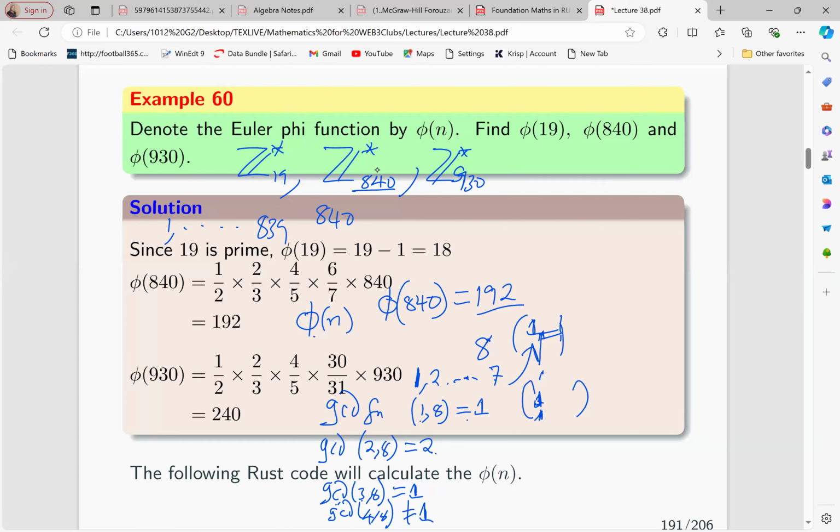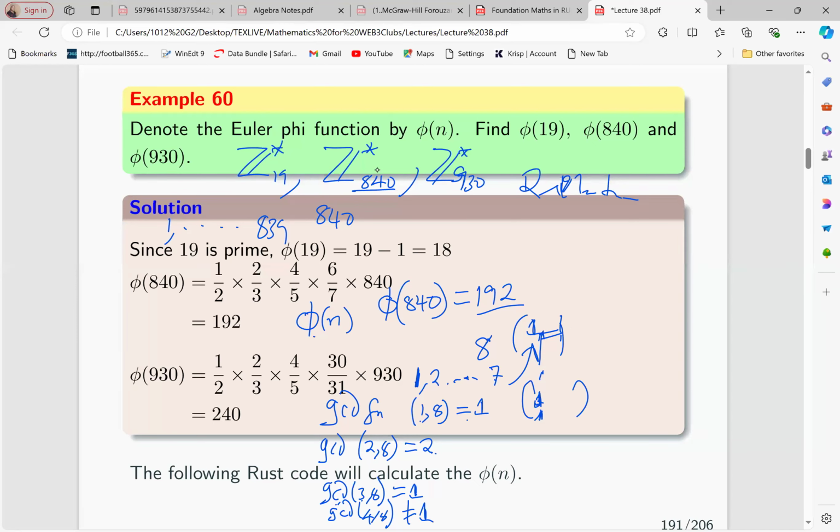So the GCD function is just doing that, finding the GCDs. Then you need a relatively prime function. So the relatively prime function will now come.